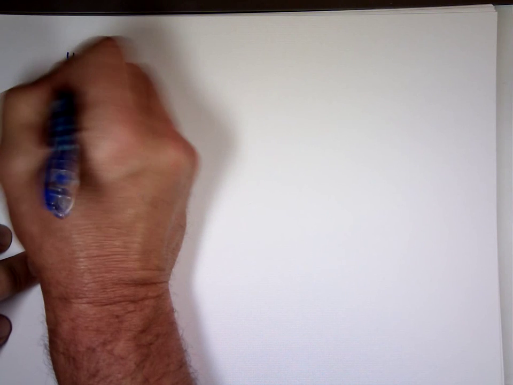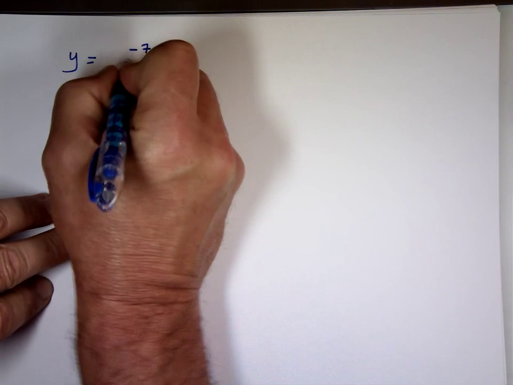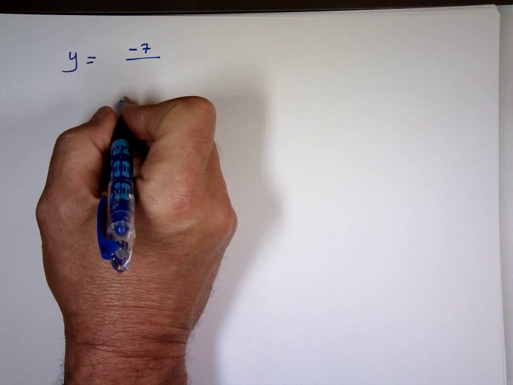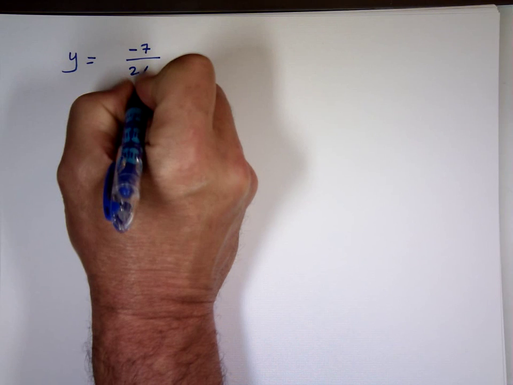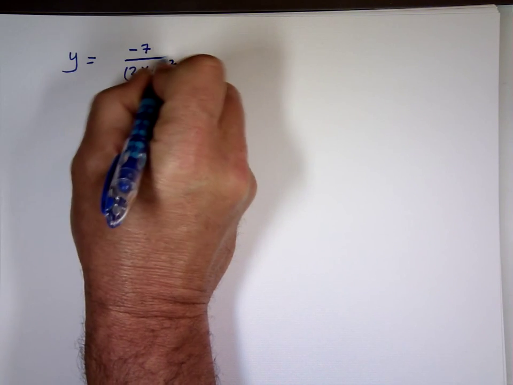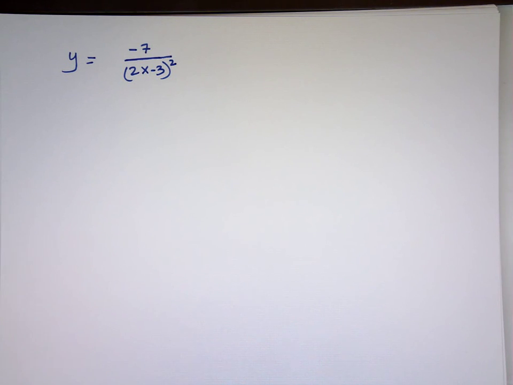Y equals, let's say, negative 7 over 2x minus 3 squared. What rule can I use here? Can I use the quotient rule?